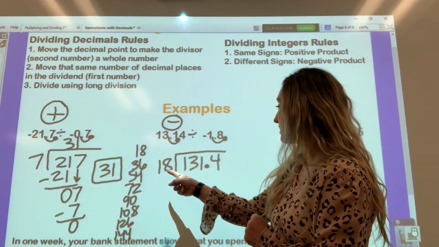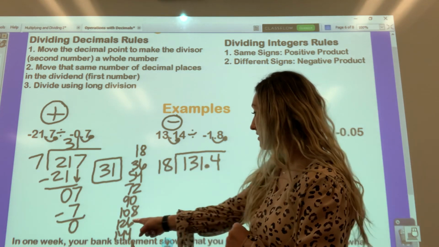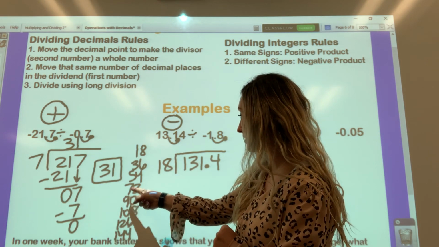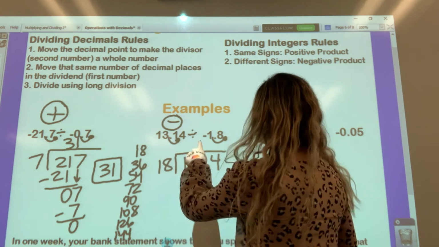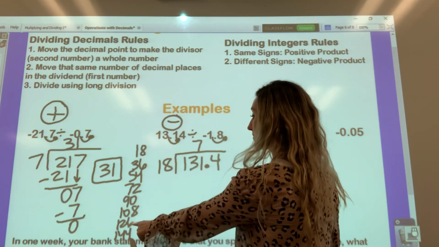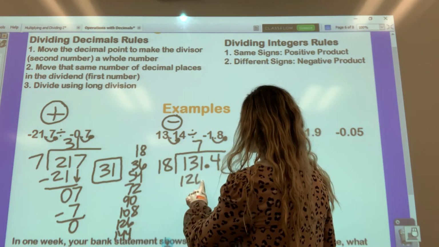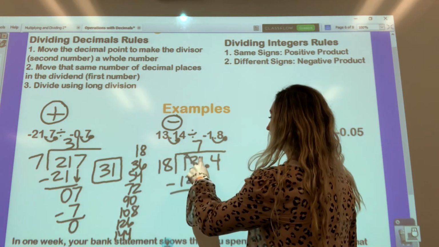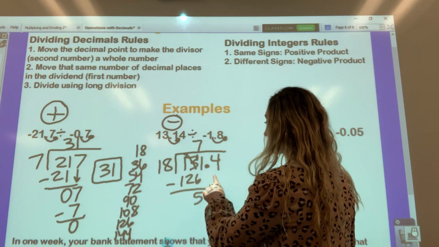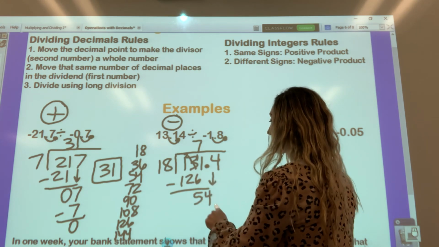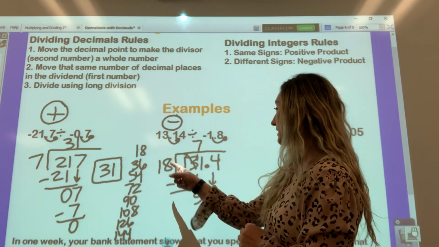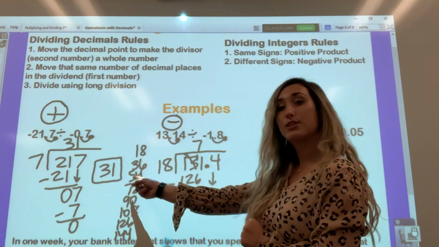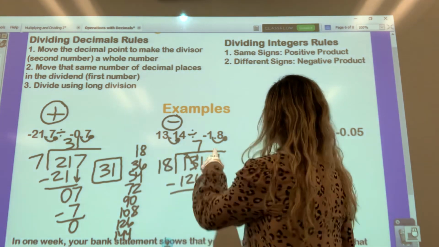So 18 goes into 131 this many times: 1, 2, 3, 4, 5, 6, 7 times. 7 times 18 is 126. We can subtract and get 5 and bring down a 4. 18 goes into 54 exactly 3 times. 1, 2, 3.